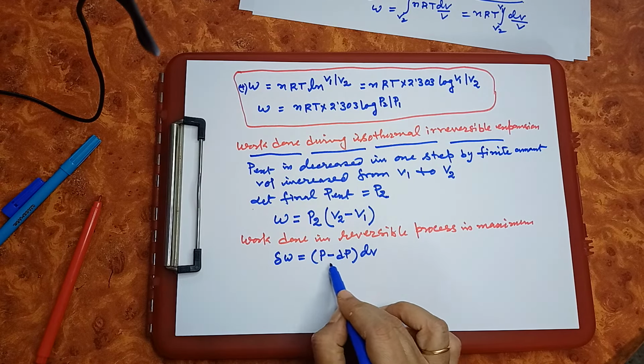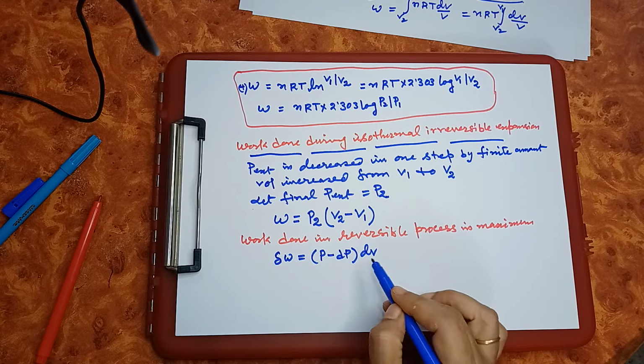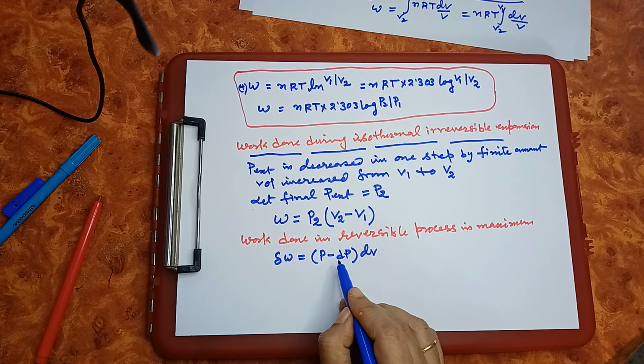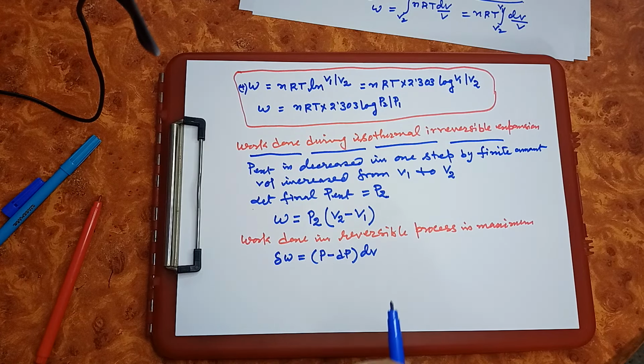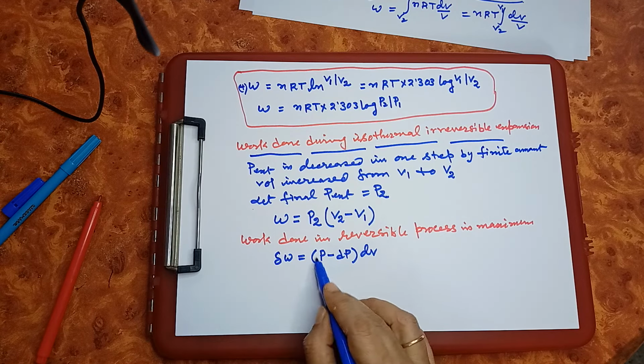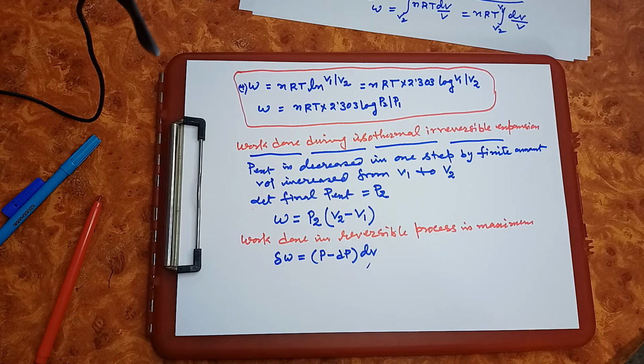If the external pressure is more, then work done will be more for the same change of volume. So in every step, external pressure is decreased by a little amount dP. That means the gas is working against more external pressure, so this overall value will be more. So work done will be more.